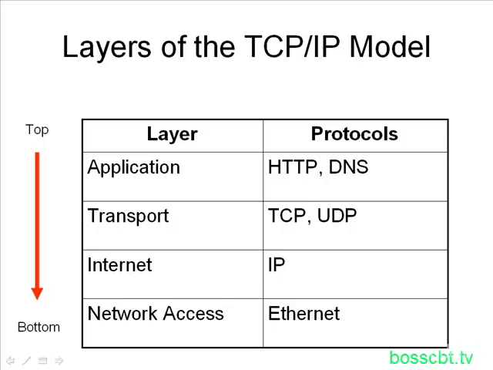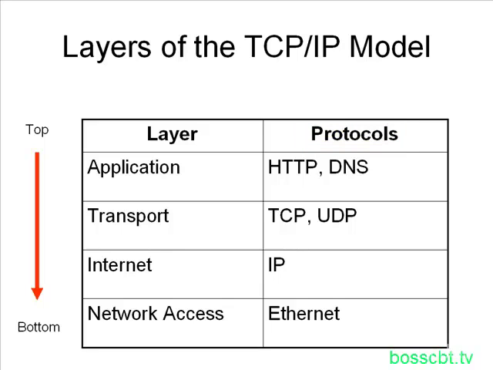The application layer starts at the top of the model, and they are ordered just as you see them, transport, internet, and at the bottom is the network access. Now this ordering is going to make more sense to you as we learn about each one and how they interact with each other, but just keep this in mind when you're studying. To the right-hand side of each layer, we listed a few protocols that are associated with each layer, just to give you an introductory sense or feel that each layer is really different from one another.